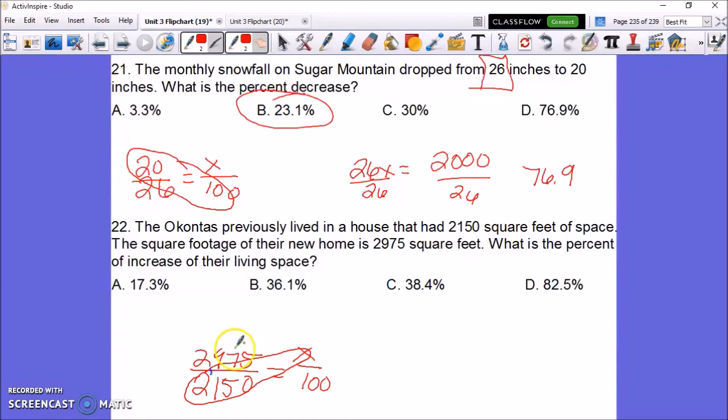And we cross multiply. We have 2,150x is equal to 297,500. So then we're going to take that and divide both sides by 2,150.